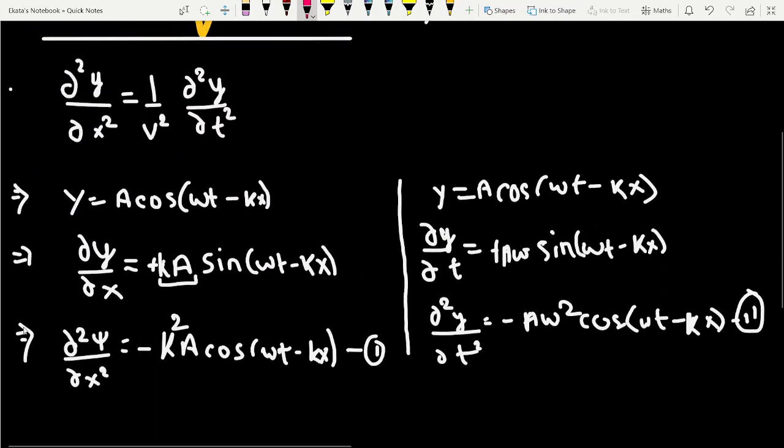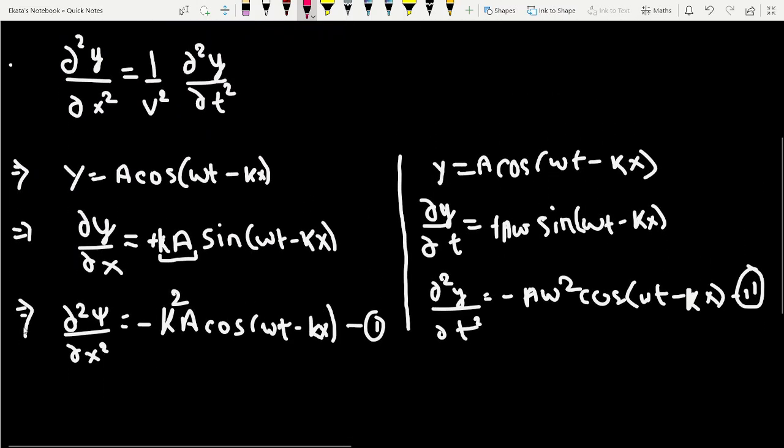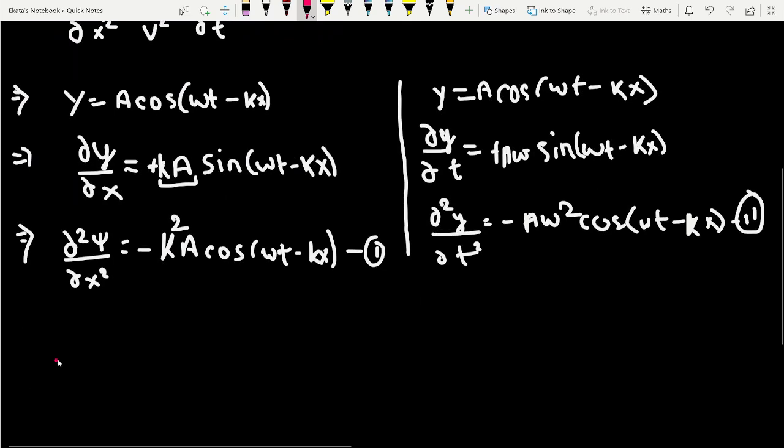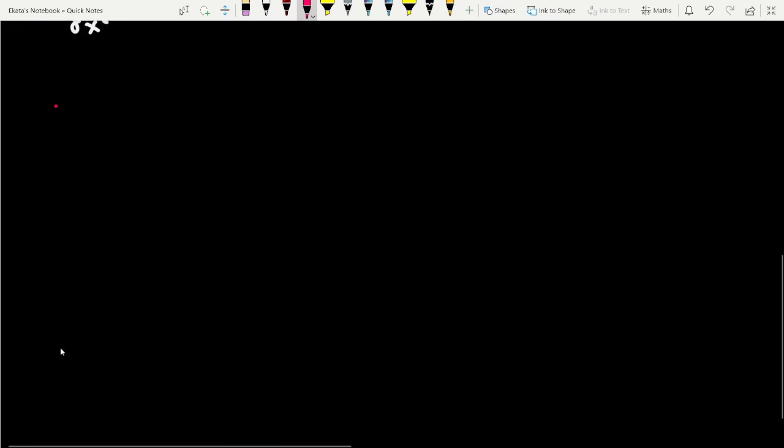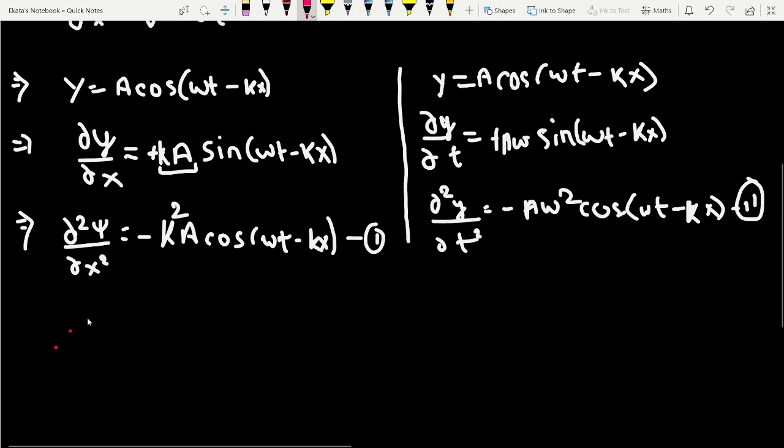So we have to prove this particular equation by dividing equation 1 by equation 2.